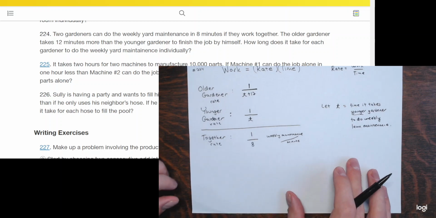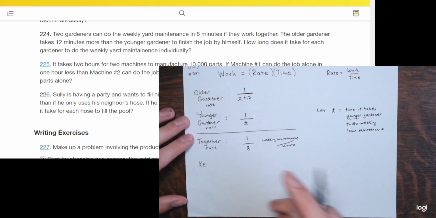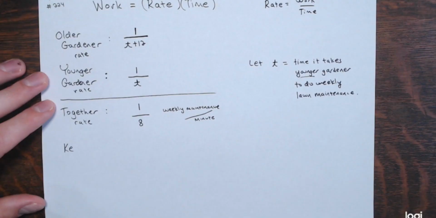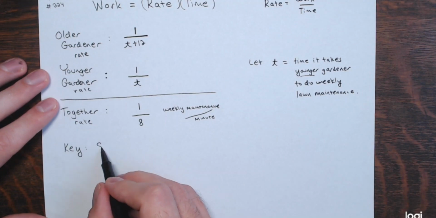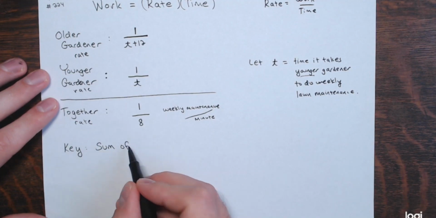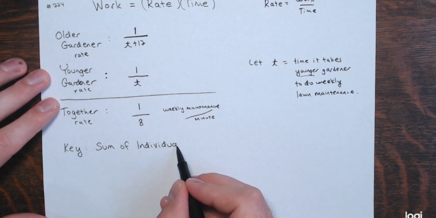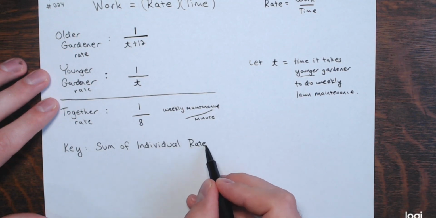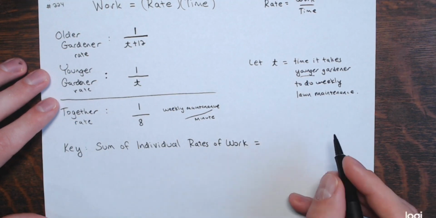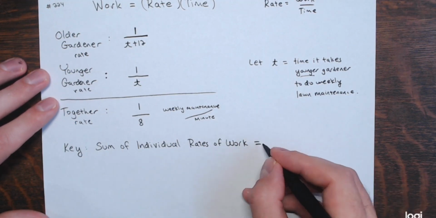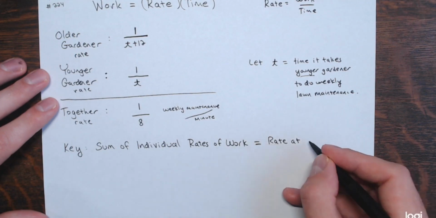And then the key to setting up an equation is that the sum of individual rates of work is going to be equal to the rate at which those individuals work together.